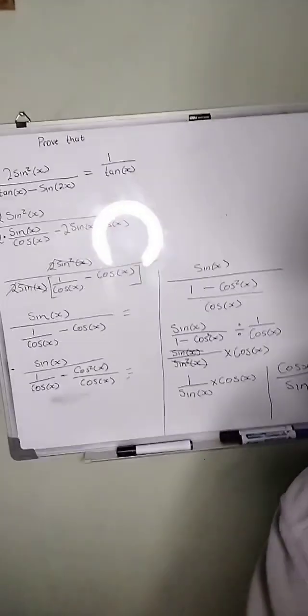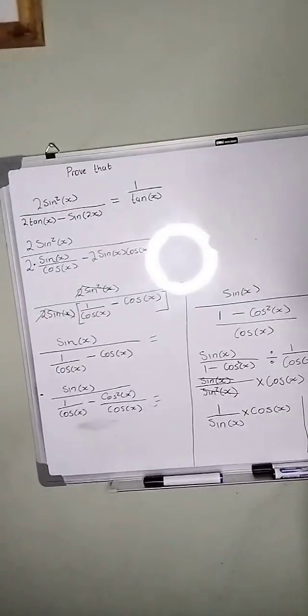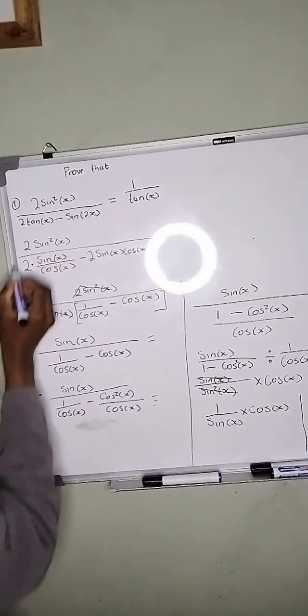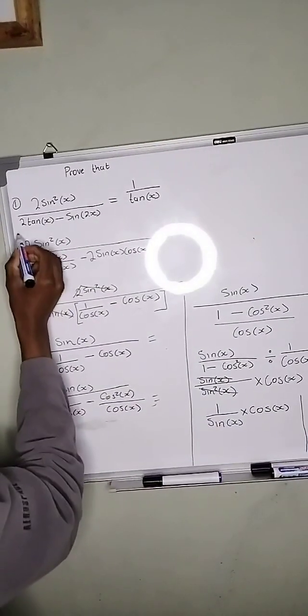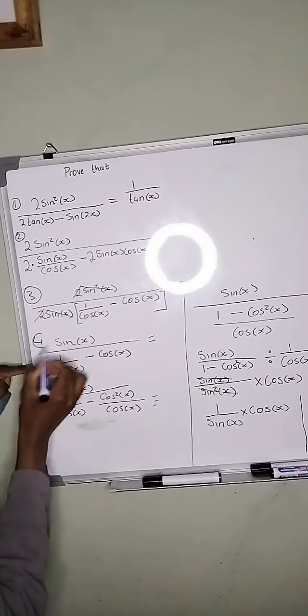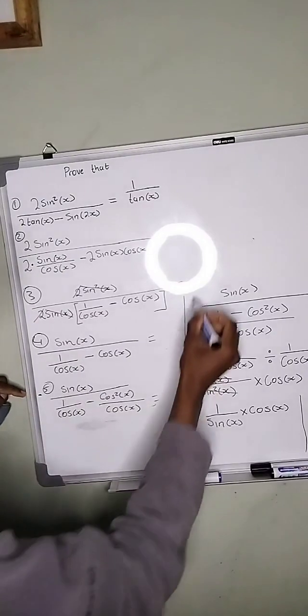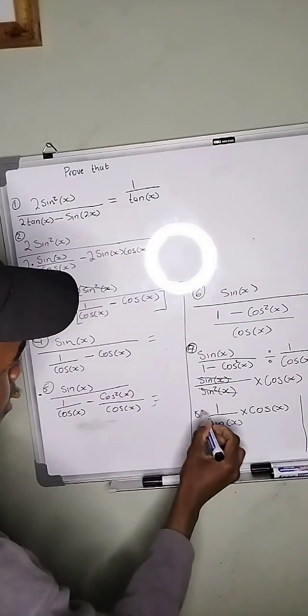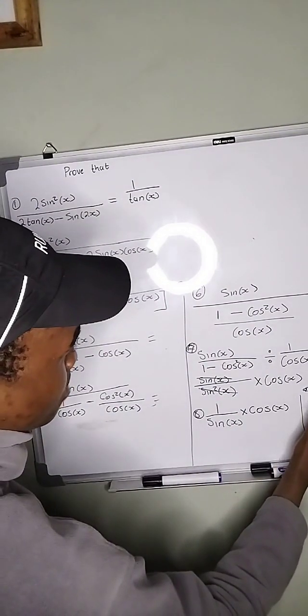The right hand side. So guys, I heard there are some people who have questions. Now I'm opening the questions now. Which one? This is step number 1, step number 2, step number 3, step number 4, step number 5, 6, 7, 8, 9.